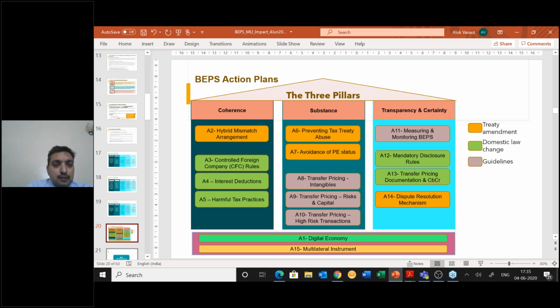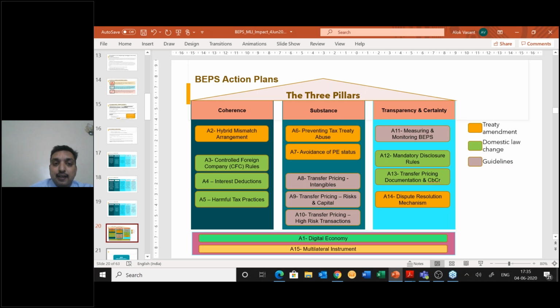Then there are these boxes in green color. Now here amendments are recommended to be made in the domestic tax laws. So these are CFC rules, interest deduction limitations, harmful tax practices, mandatory disclosure rules, transfer pricing documentation, and country by country reporting.